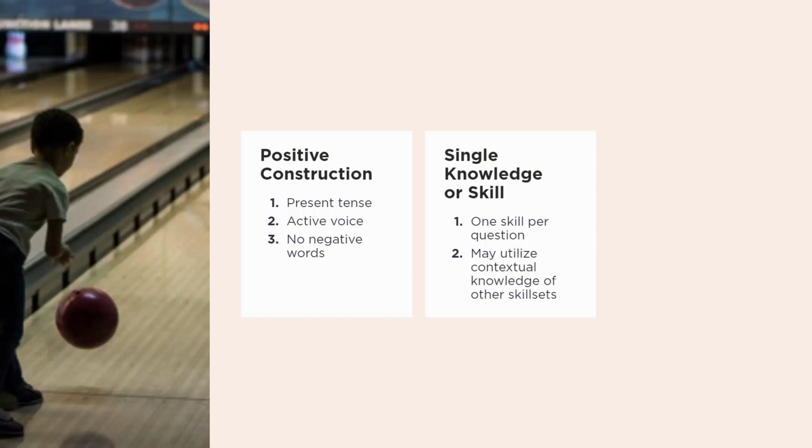These questions may utilize some contextual knowledge of other skill sets, but they're not necessarily going to be testing you on that. And lastly, exhibits are only included on a question if they are necessary. Otherwise, there will not be an exhibit. So if you see a question that has an exhibit, you better make sure to pay attention to it because it is essential.